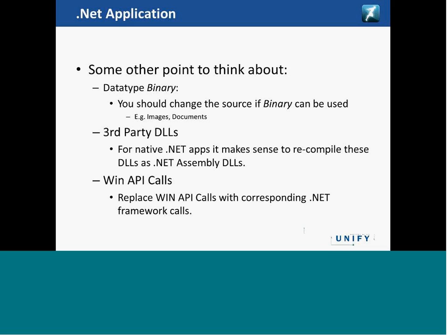Same for the third-party DLLs. Have them as a DLL, then use the .NET Explorer to look into this DLL and create the APL, the wrapper, to call this code directly inside your application. That's pretty simple to use and to implement.